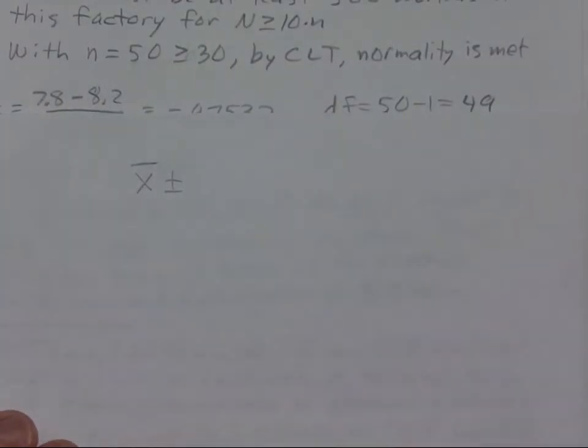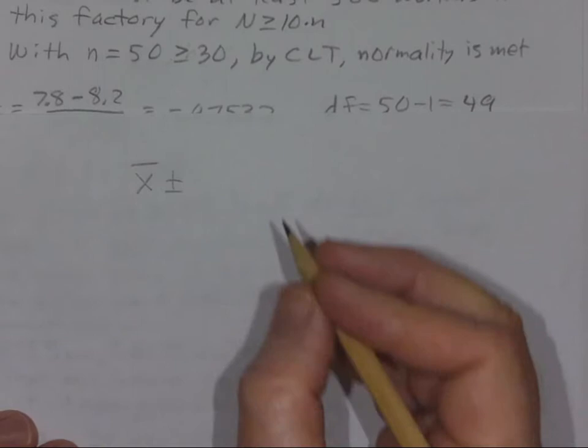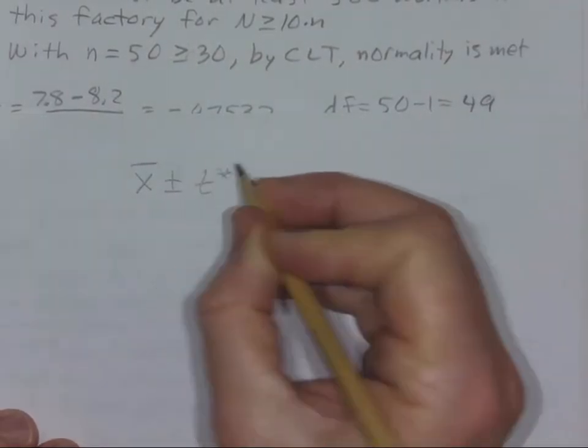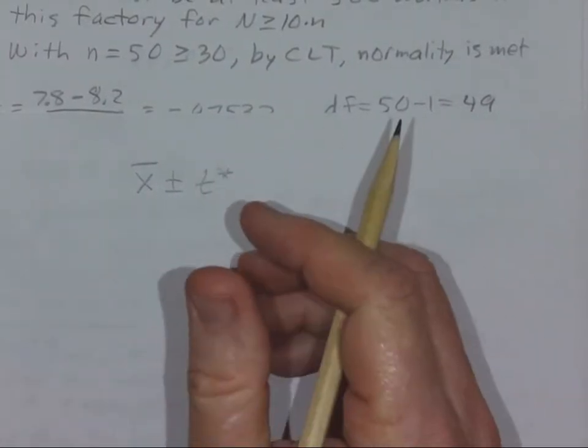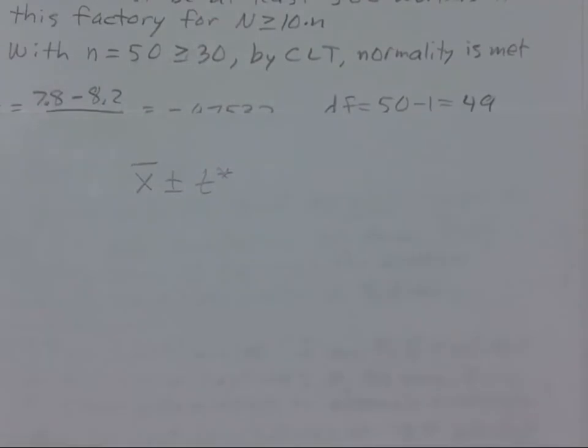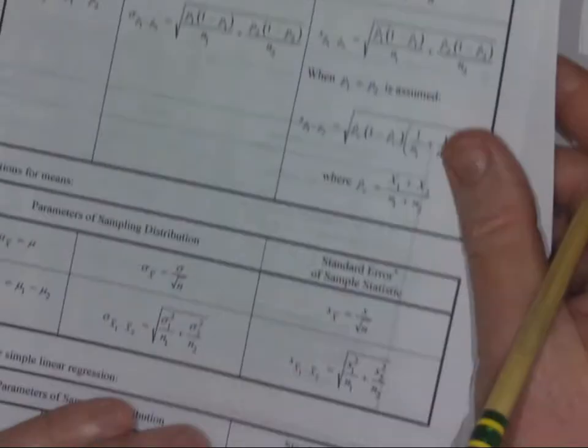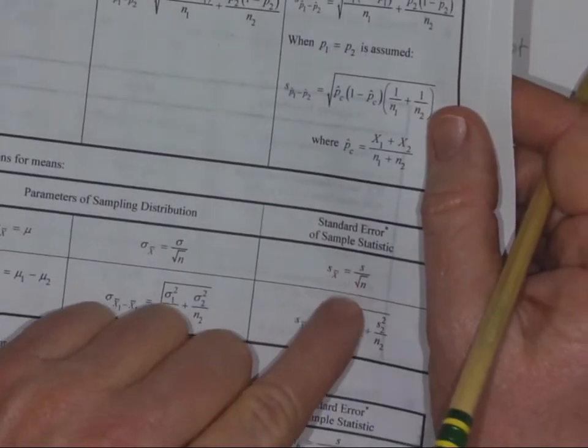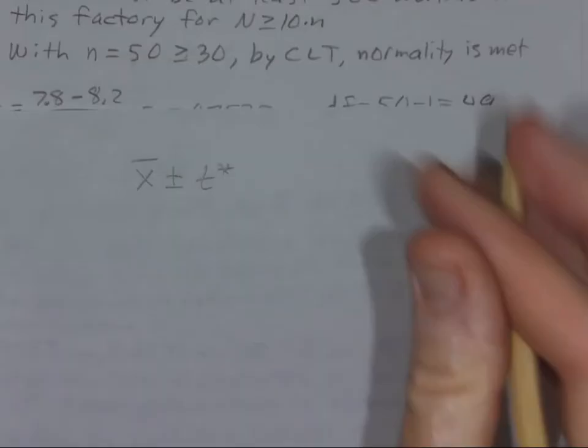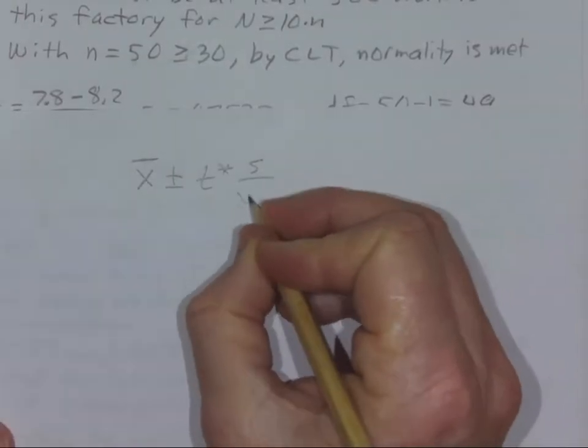It's the number of standard errors there are in the intervals going to the left and to the right. T star, so we'll find that. And then the standard error, well, what is that? Once again, that's off of your little formula sheet. The standard error is s over the square root of n.